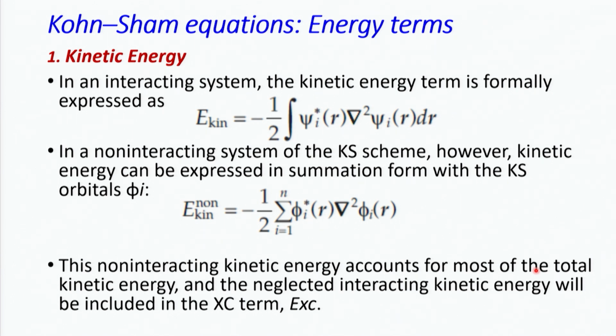If they are non-interacting, then we are just writing the wave function as a sum of basis functions. Okay. So the basis functions can be orbital type functions, or they can be plane waves. Okay. So this non-interacting kinetic energy is easy because you know the sum of all the basis functions with this minus half del square. So kinetic energy non-interacting is easy.